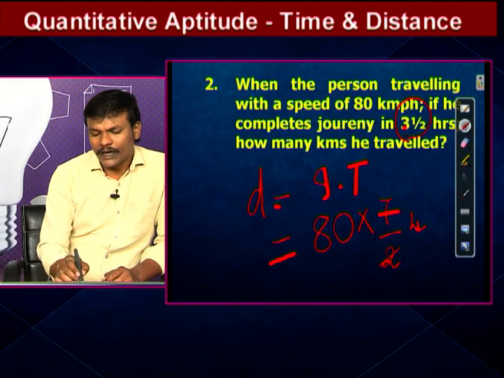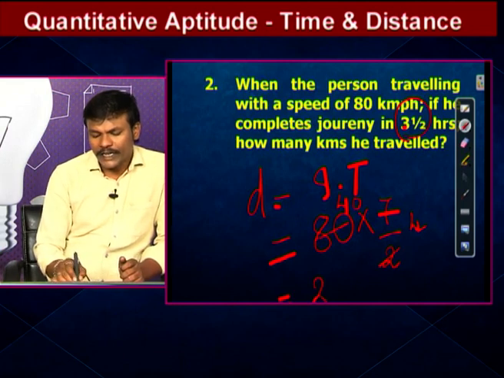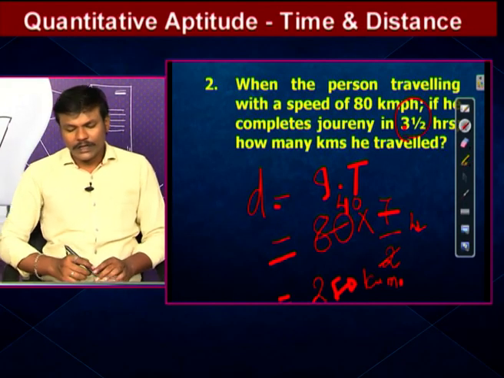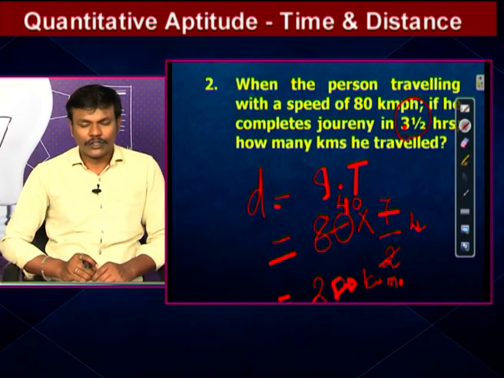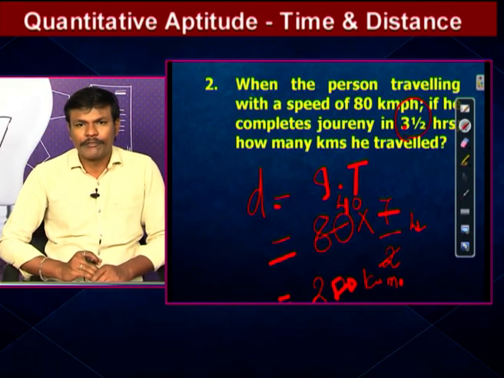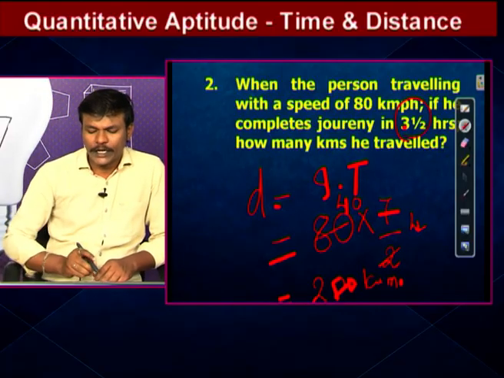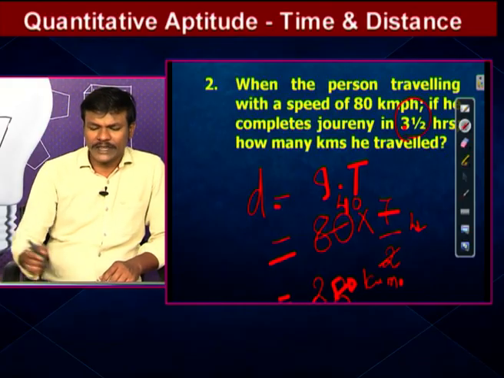So 40 7s are 280 kilometers he completed. Simply 80 into 7 by 2 is 280 kilometers. So this is also a very basic question.